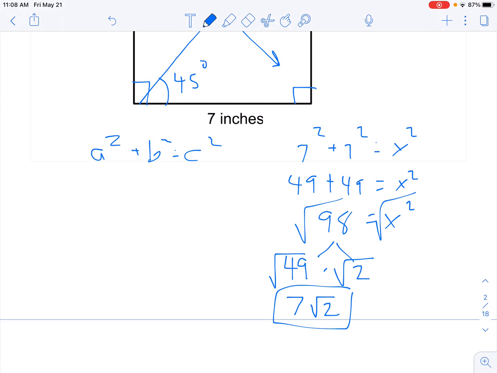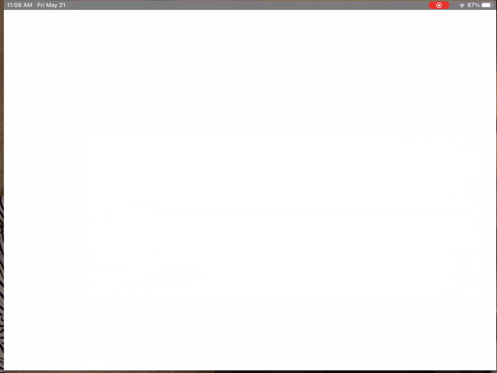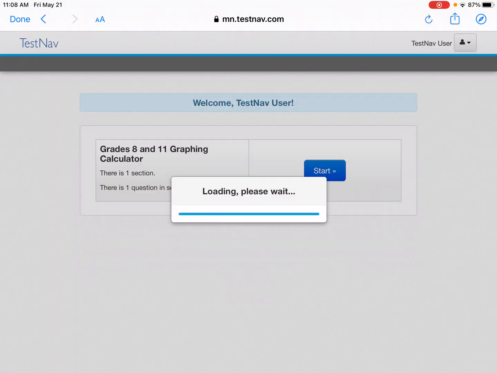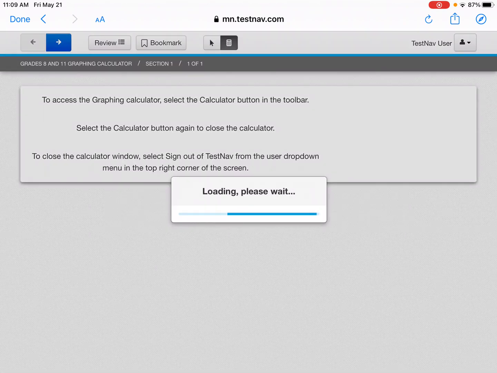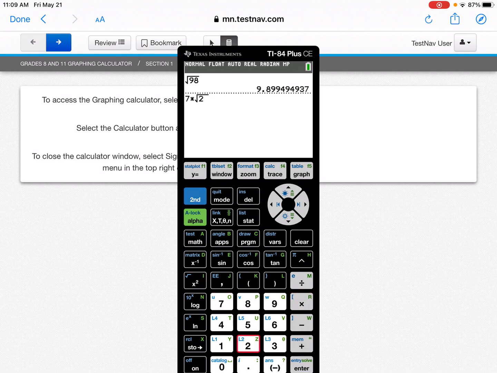In fact, why don't I do that? My calculator. Be patient with me while I open up my calculator. So I can do the square root of 98 and get a decimal, or I can do 7 times the square root of 2 and I get the same decimal.